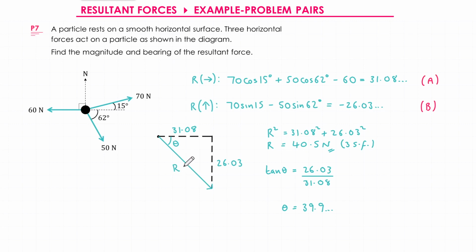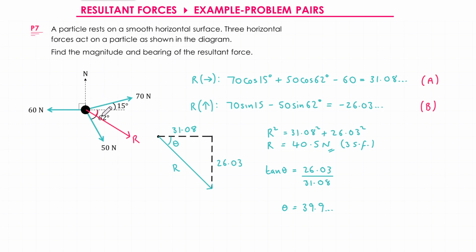Next, we'll add this resultant force onto our original diagram. We've got an angle here of 39.9, which is less than the 62, so the force will be somewhere between the horizontal and the 50 Newton force. And our angle theta here will be from the horizontal.